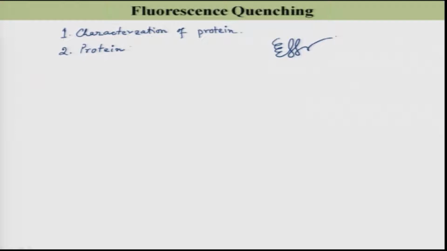Number 2. You can also study protein conformational change by the fluorescence quenching method. For example, suppose you have a protein, let us say this is your protein, and you have this tryptophan residing over here.